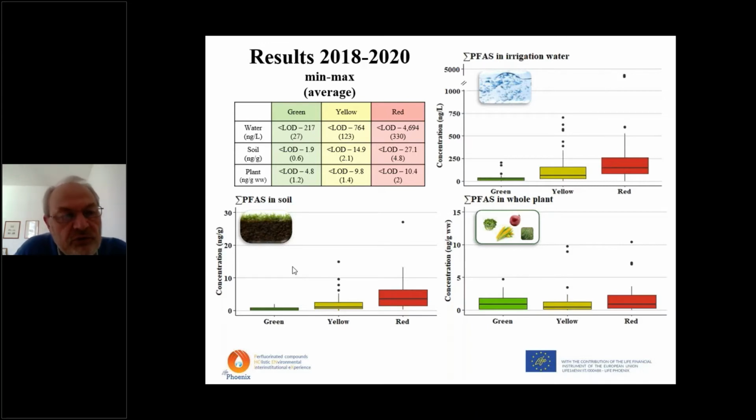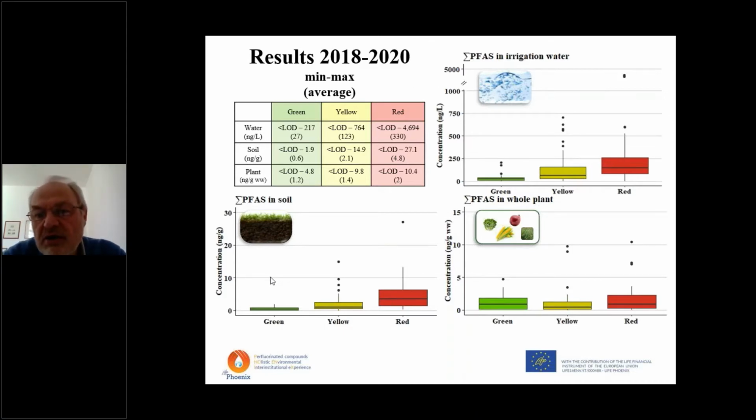Of course, 2 nanograms, 4 nanograms per gram are the maximum levels measured in the edible plants, and that's okay. If you use the TDI from EFSA, maybe they can represent a risk, but we have to compare them to the real background concentration everywhere. Sorry, Claudia, I try to contextualize your data on the situation.